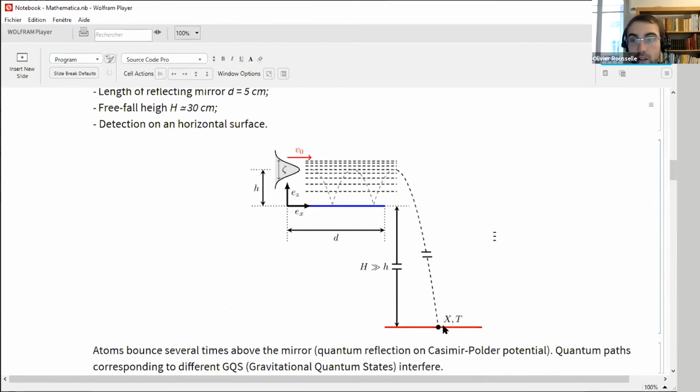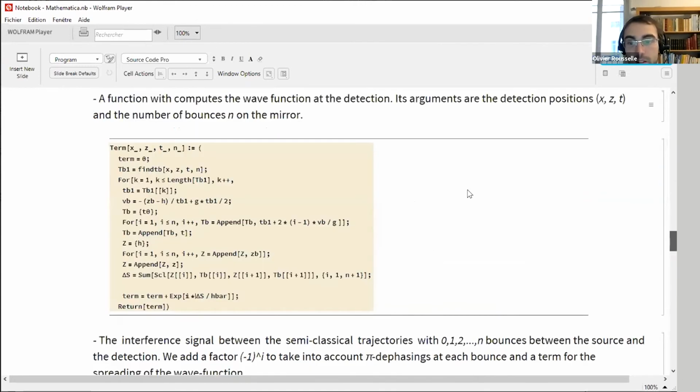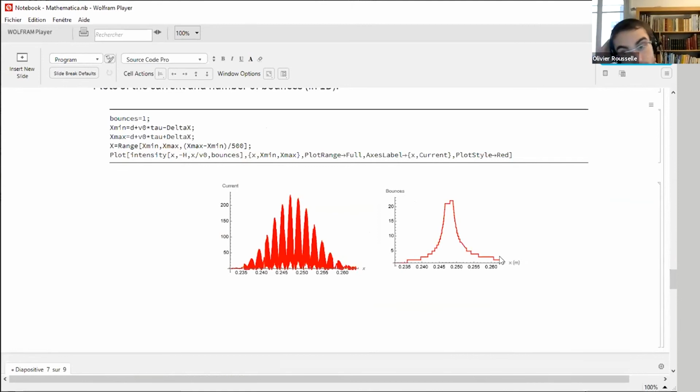So for each X position, we computed how many bounces we can have at maximum to reach this position. So this is a graph indicated here. Again, with the X in meters on the abscissa, and the number of bounces on the y-axis, and you can see that we can reach about 23 bounces at maximum.